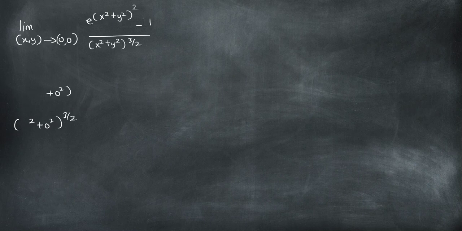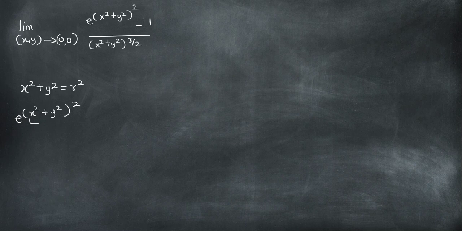So what you're going to do is use polar coordinates to solve this question. For polar coordinates, you know that x squared plus y squared will be equal to r squared. So you are going to use this to solve this question. In the question, you have e to the power x squared plus y squared, all squared, right?